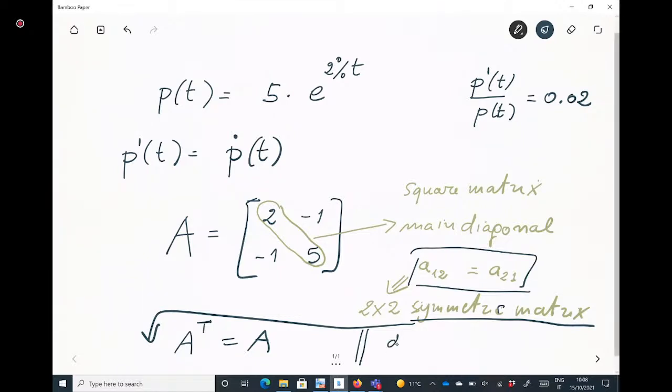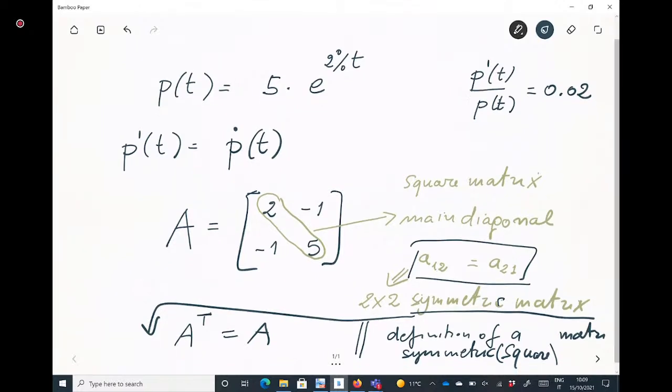So this is the definition of a symmetric square matrix. Square, we don't need to specify square because it is implicit in the definition, okay? If this definition holds, it must be a square matrix. So this is the definition of a symmetric matrix.